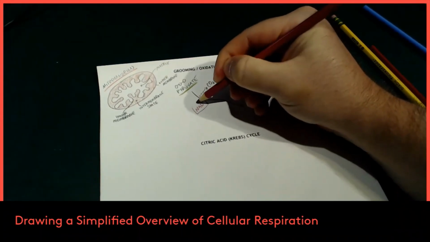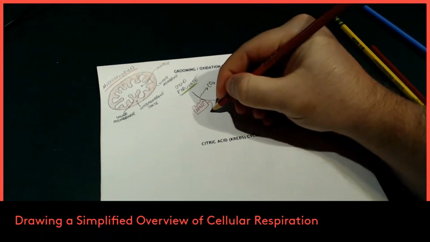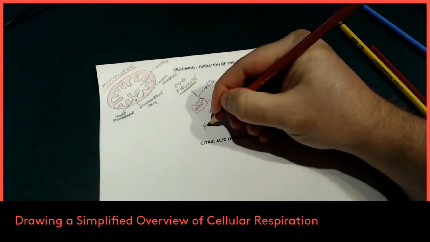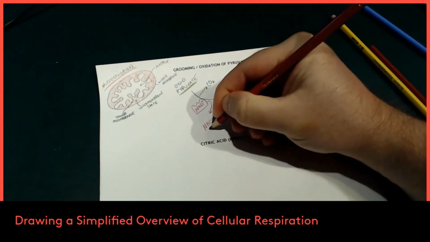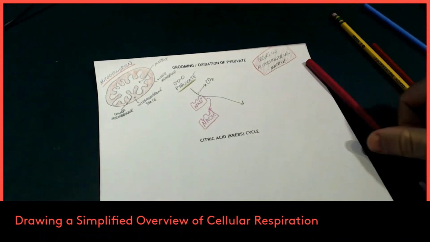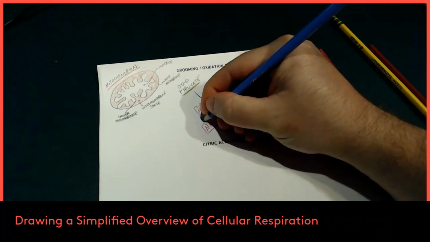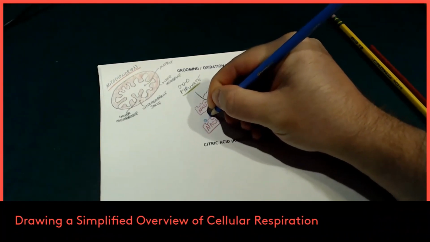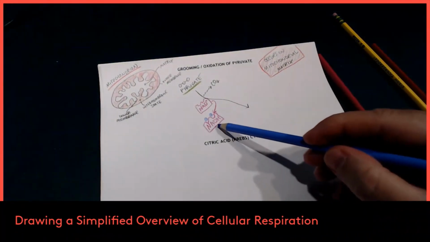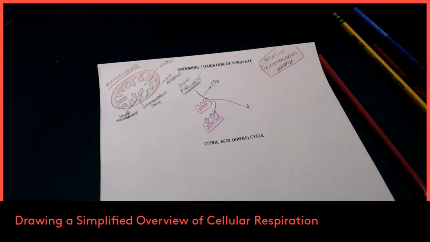NAD+ is just sitting over here waiting, and when that bond breaks, he could not be happier because he becomes NADH. Pyruvate gets oxidized, NAD+ gets reduced to form NADH. And now we have these high energy electrons right there. We are very happy.